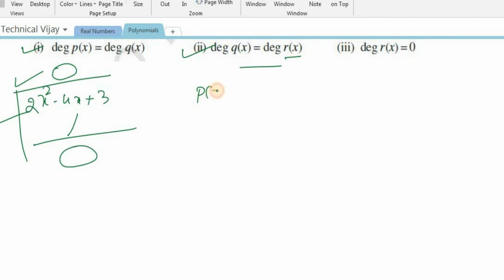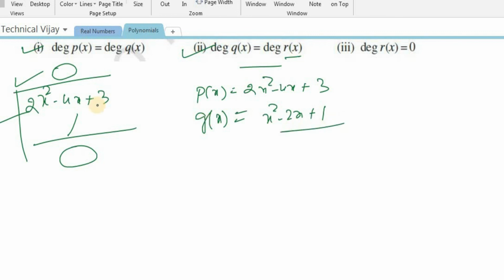Suppose p of x we have considered as 2x square minus 4x plus 3. Then g of x, what we have to consider, suppose x square minus 2x plus 1, if we take here x square minus 2x plus 1. So 2 will be the quotient, 2 into x square minus 2x plus 1 is 2x square minus 4x plus 2.